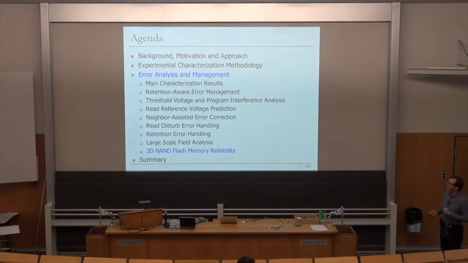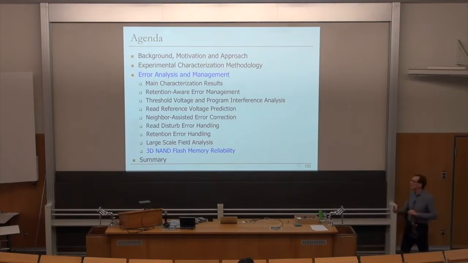Now let's take a look at 3D NAND a little bit. Any questions so far? Do other people find this as fascinating as I find it? I think it's really fascinating because emerging memory technologies are looking like this at some level. They're somewhere in between DRAM and flash. So if you look at emerging memory technologies like what we've discussed, phase change memory, there will be controllers that are doing some of this.